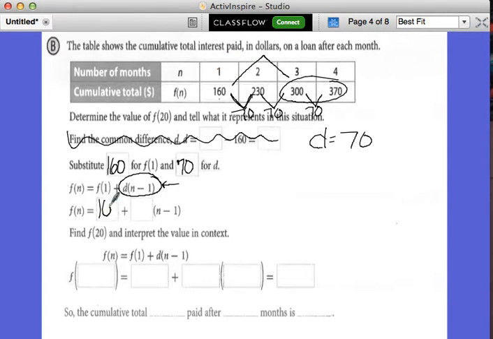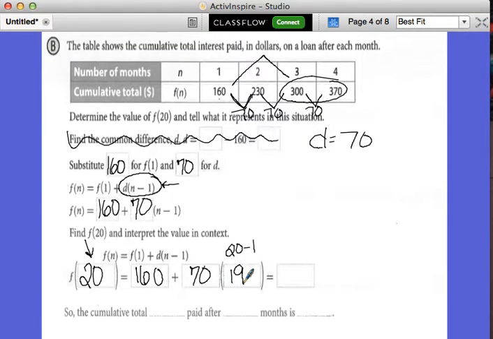And then here, I plug in my values. And then now I want to find f of 20. So when the number of months, because remember, this is your number of months, this isn't our answer right now, is 20, I want to know how much interest this person will have paid. So again, I have my 160 plus 70 times 20 minus 1, which we know is 19.